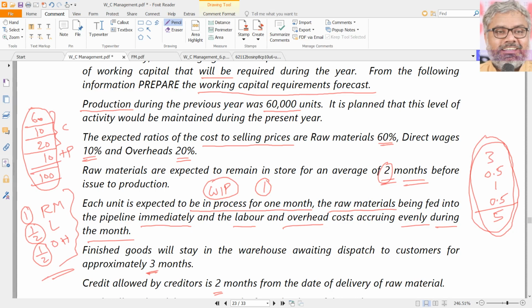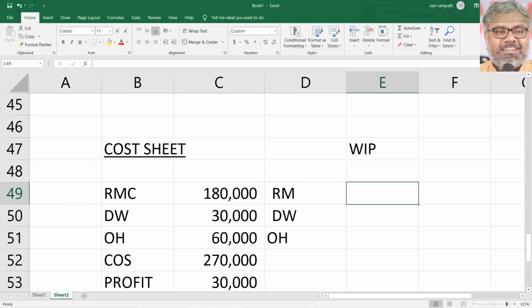It is given as 1 month. So for 1 month, everything will be in process. So how to get that? Simple. 60,000 units produced in total, multiplied by the raw material cost per unit of 3 rupees, multiplied by 1 by 12. That will be there in the work in progress. Means 15,000 worth of raw material will be stuck in work in progress.